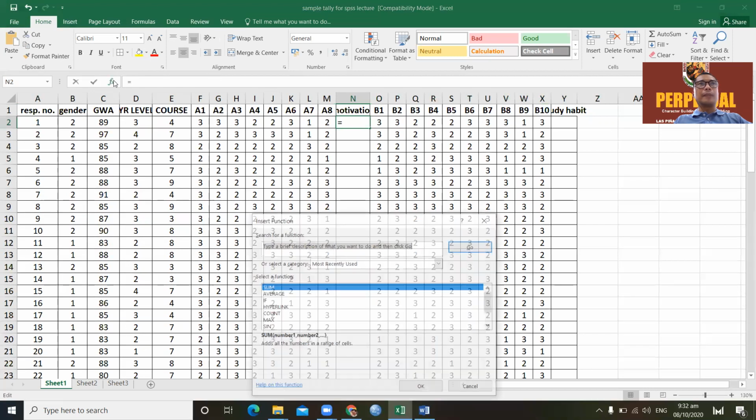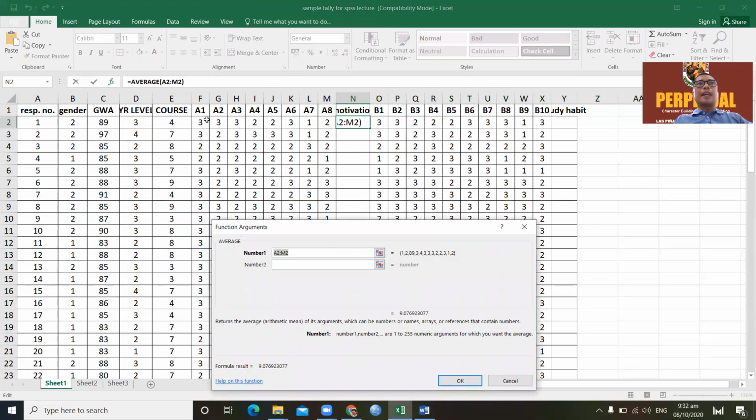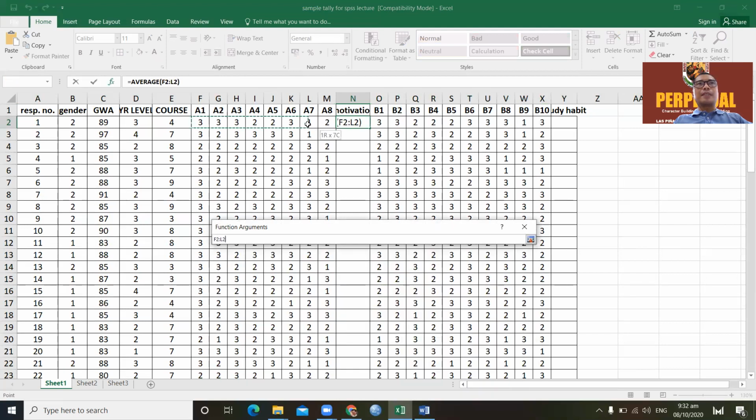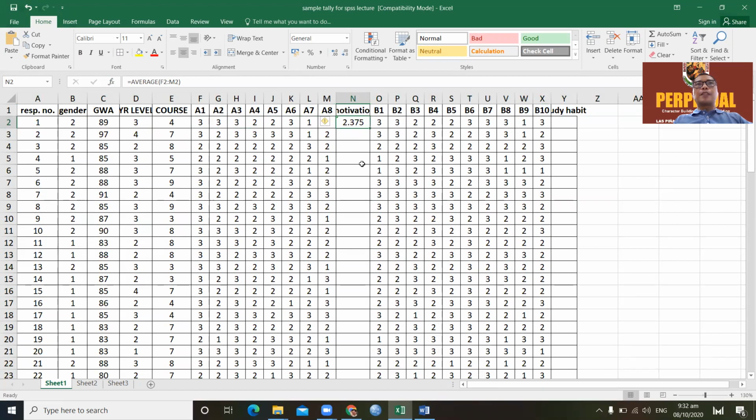You click here, you type average, click average, and then you drag from this to here. Then you click OK. So 2.375 is the average reflecting the level of motivation for the first respondent.